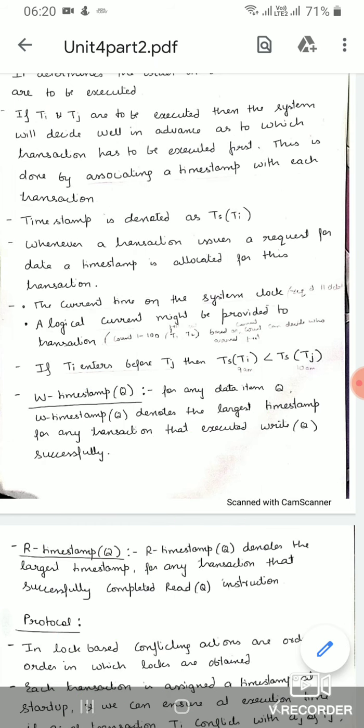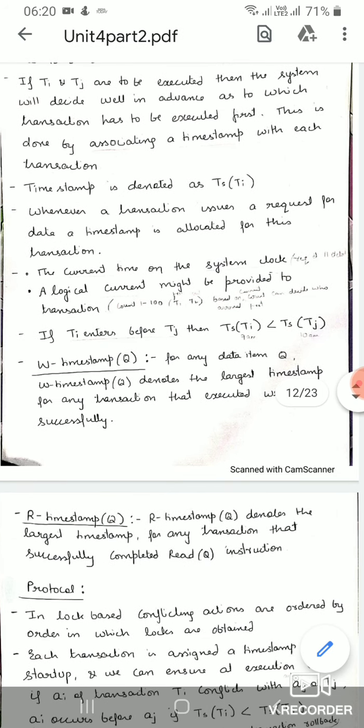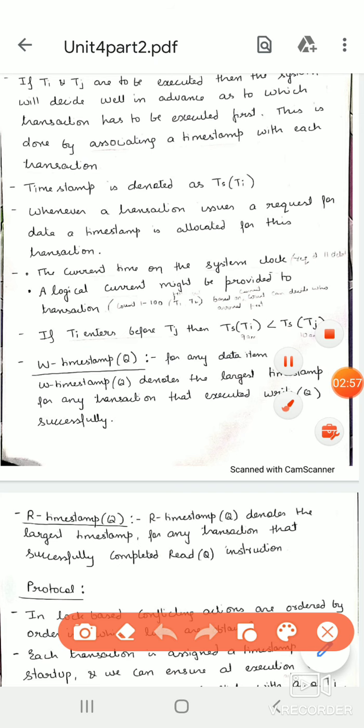There are two factors by which the time is given. One is based on the system clock, that is, at what particular time the instruction has arrived on the system.